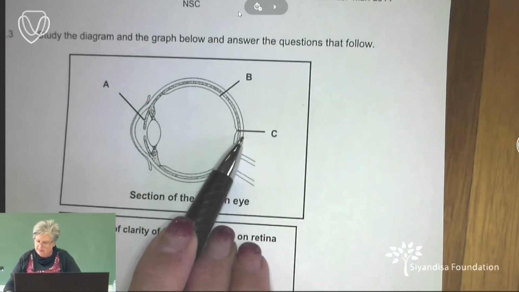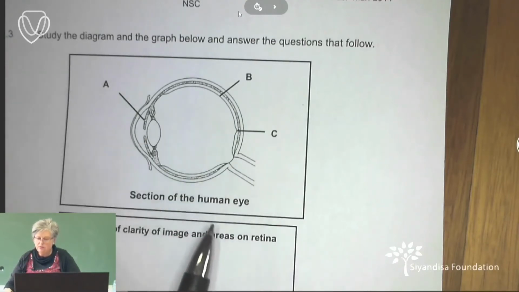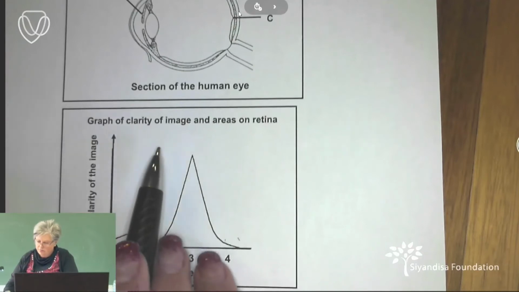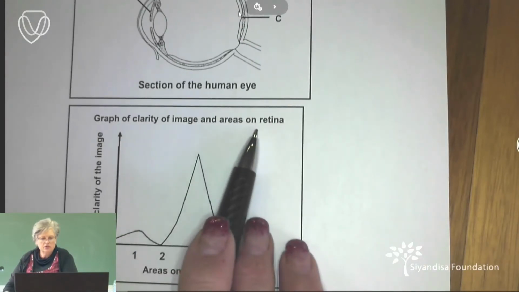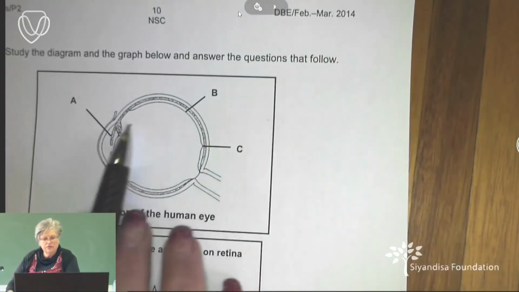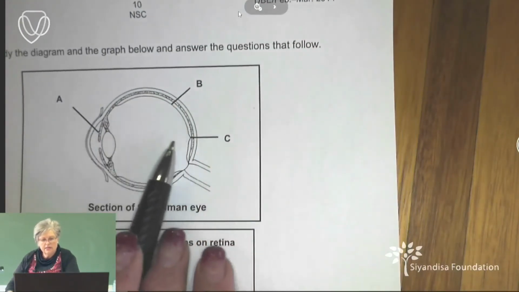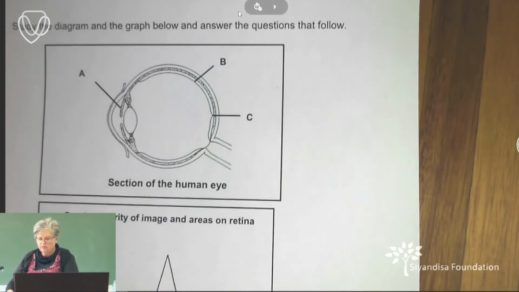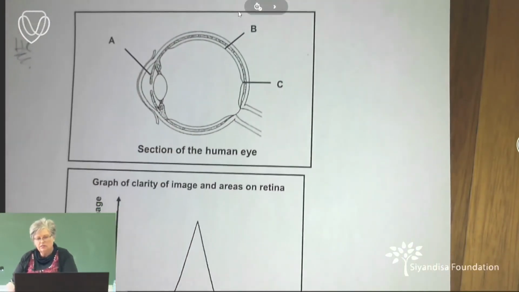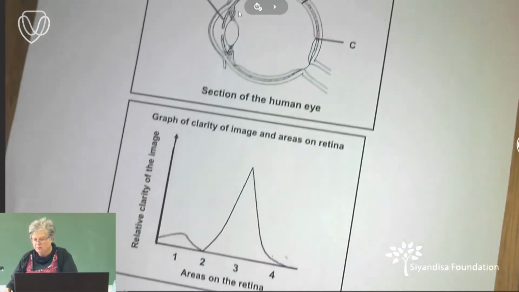C is the yellow spot. So we must know that beforehand. Now they say graph and clarity of image on the retina. So from there, they give you this as a guidance to answer the following questions. So this is high cognitive, né? This is a difficult question. This is typically what you can expect.